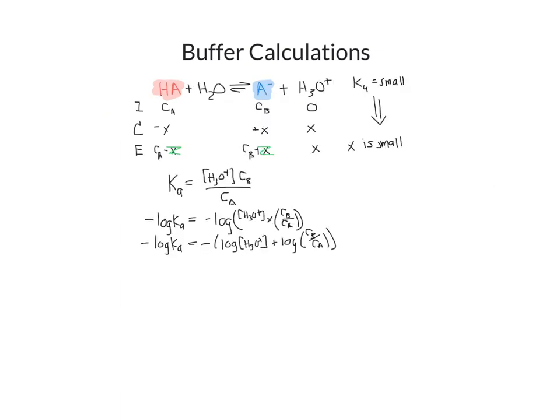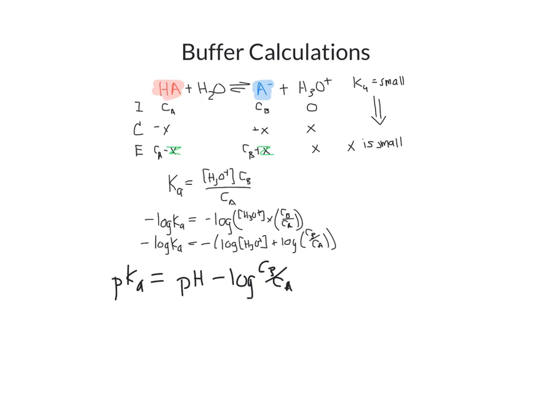Minus the log of the Ka is the pKa, so I have pKa is equal to, distribute the minus sign, minus the log of the H3O+ concentration, that's just the pH, and then I have to continue to distribute the minus sign, and so I have minus the log of the conjugate base concentration divided by the conjugate acid concentration.